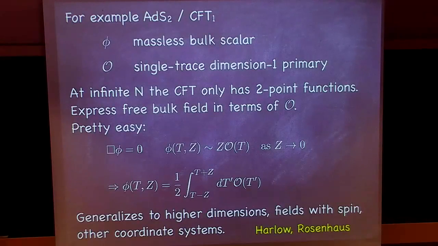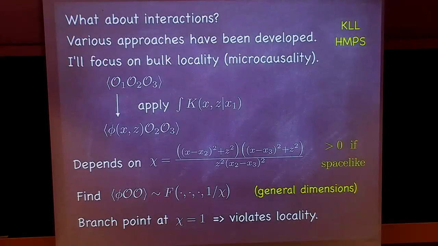You can do something similar in higher dimensional AdS, you can do it for fields with spin, and you can work it out in other coordinate systems. I think Daniel and Vlad are going to tell us about some of the interesting things that happen when you think about reconstructing bulk physics using other coordinate patches.